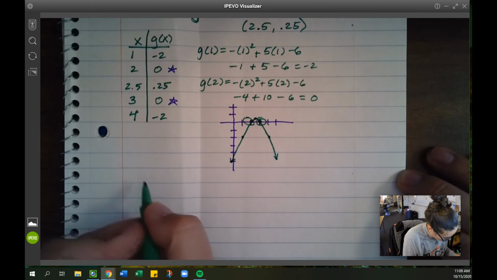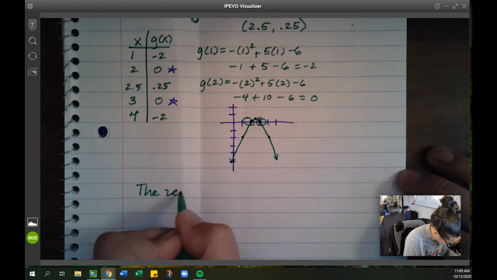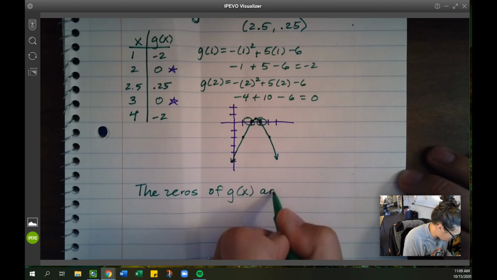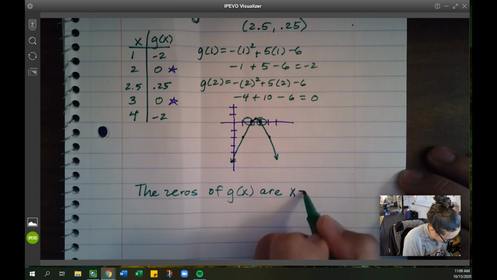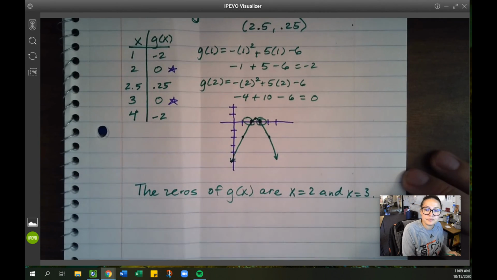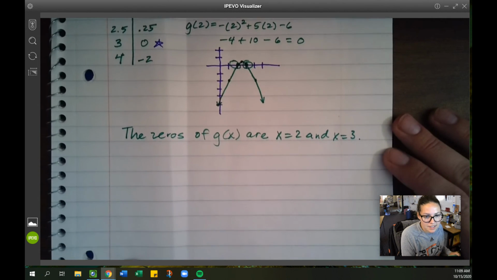So then I would say the zeros of g of x are x equals 2 and x equals 3. So what does that mean?